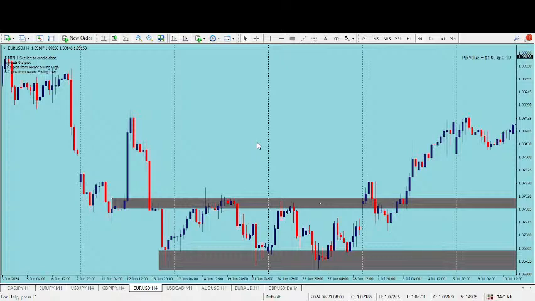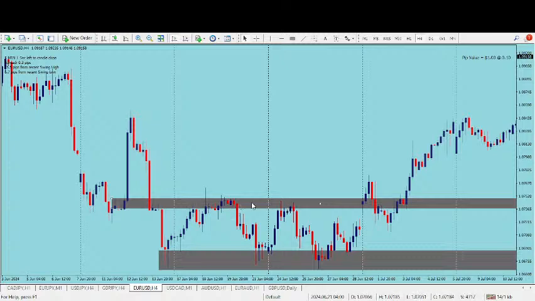We have support and resistance. So this area now, we must wait until the market takes it out. It tries to take it out here, but it could not take it out. It went down again. It tried to take it out, no way.